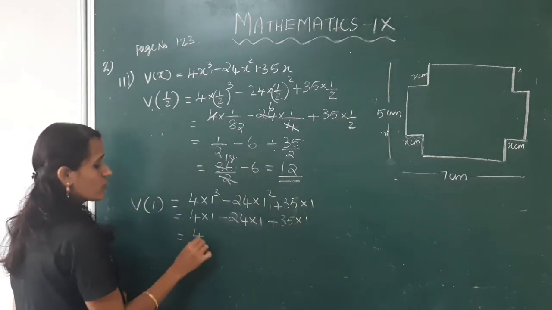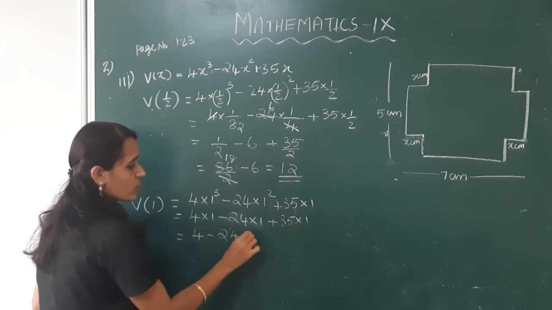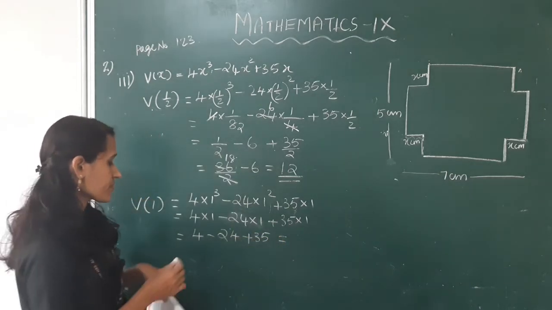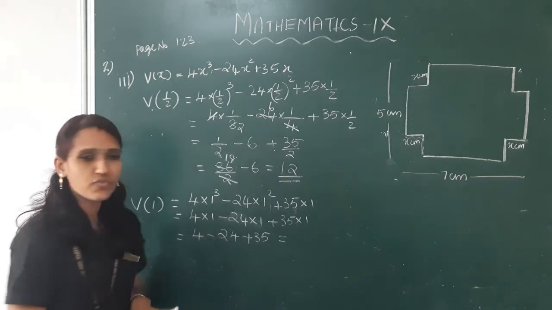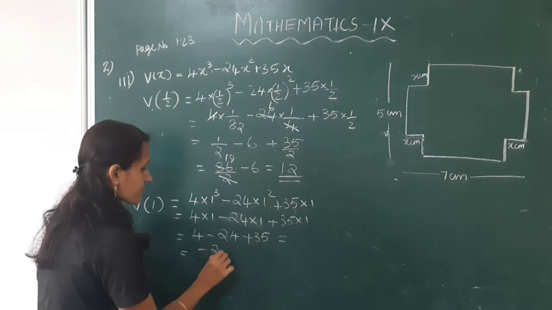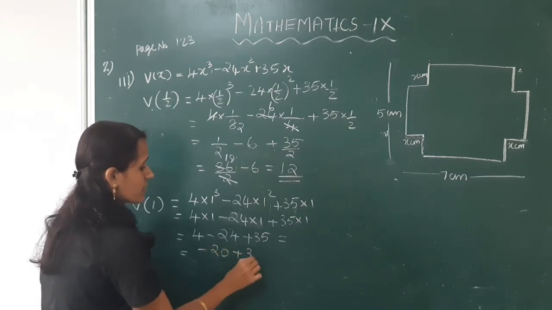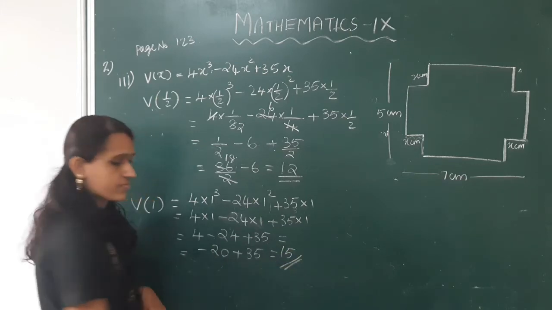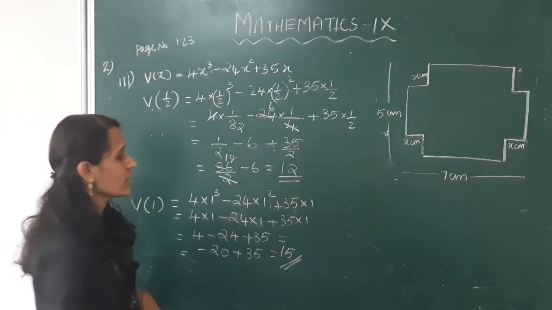This is equal to 4 minus 24 plus 35. This is equal to 4 minus 24 minus 20 plus 35. This is equal to 50. Clear?